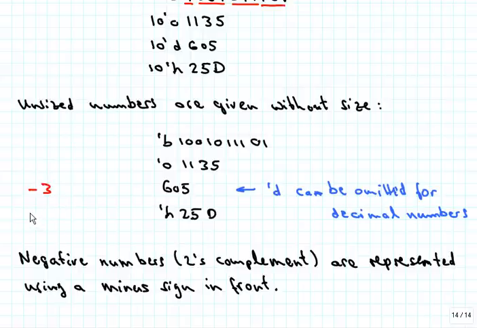So we would then write this as -4'b0011, say. And so it would make this into a 4-bit 2's complement number, so that would become then 1101 stored internally.